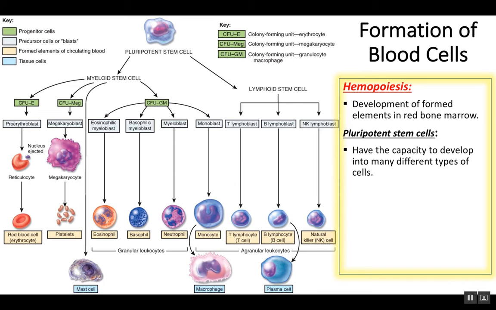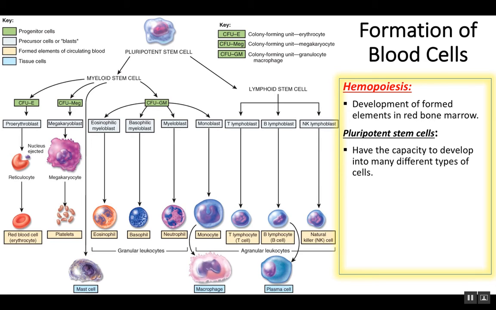In fact, you'll see from this figure that a pluripotent stem cell could eventually become a red blood cell, could eventually become a cell known as a megakaryocyte that fragments into platelets, could become an eosinophil, a basophil, a neutrophil, a monocyte, lymphocytes, and natural killer cells. So these are very useful cells, in that they have the ability to develop into any of our formed elements.